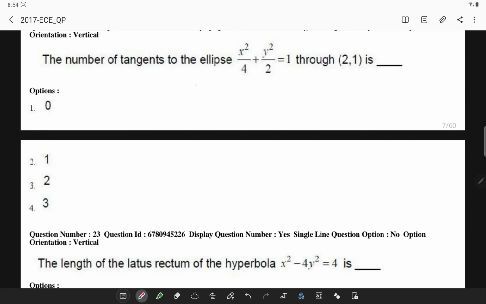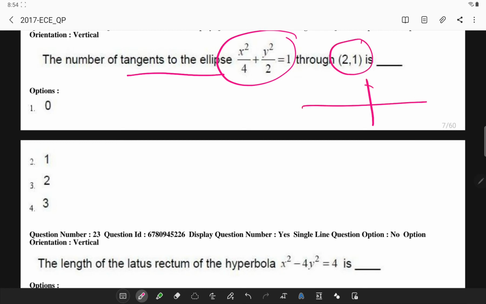So the number of tangents to the ellipse: you have an ellipse equation x square by a square plus y square by b square is equal to 1, and a point. Tangents can be drawn from any external point. Here the point is 2, 1.